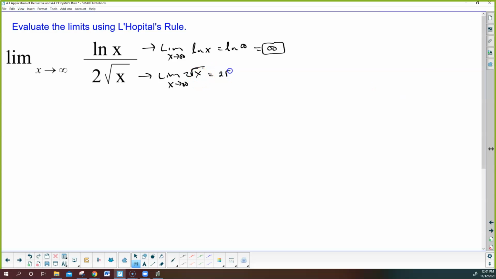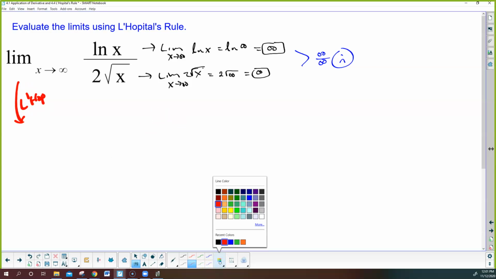So if I just plug in infinity, the square root of infinity is still infinity. So I end up with that indeterminate form when I compare. I don't like that, right? Infinity over infinity doesn't tell me an answer. So I'm going to do L'Hopital's rule. And I can pretty confidently take the derivative of the top.